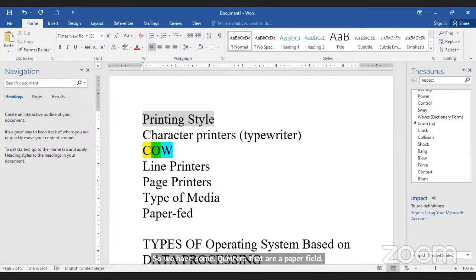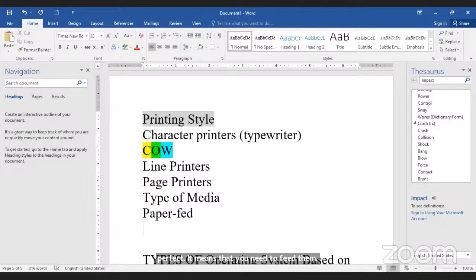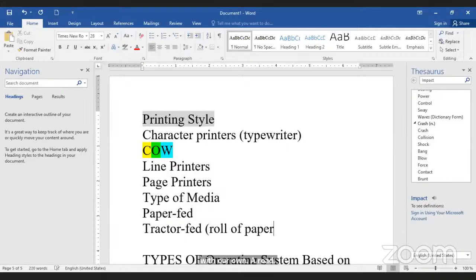It means that you need to feed them sheet of paper, ream of paper. Then you have some printers that are tractor fed. Tractor fed, these are printers that you feed them with a roll of paper. So paper fed ones are usually fed by the use of ream of paper, or sheets of paper.